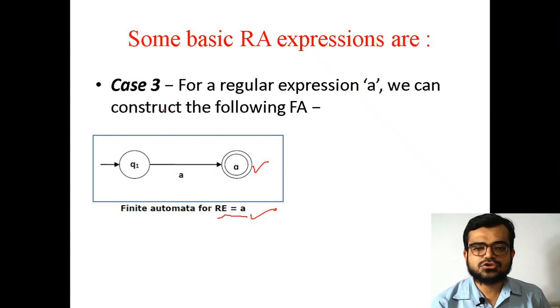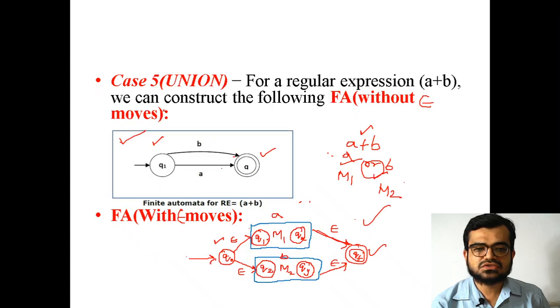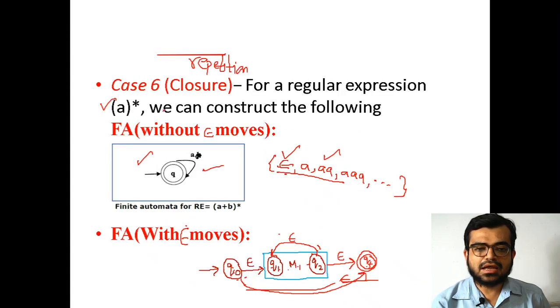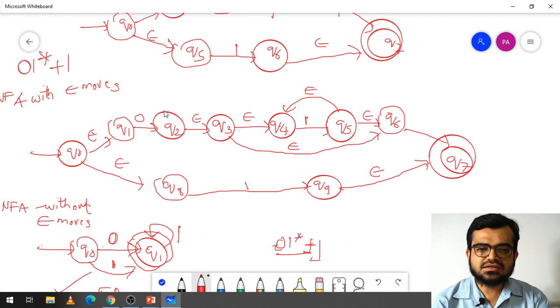into finite automata, and we have also seen how it works without epsilon moves and with epsilon moves. We have seen concatenation, union and closure operations, and all of these operations can be used for complex regular expressions. So we have taken this example 0 1 star, I mean 0 1 closure plus 1, and here we have performed this process.